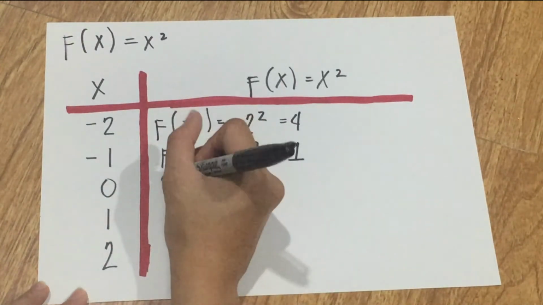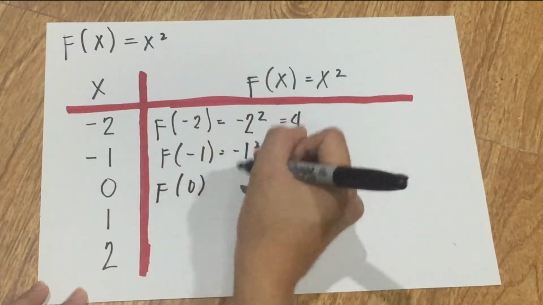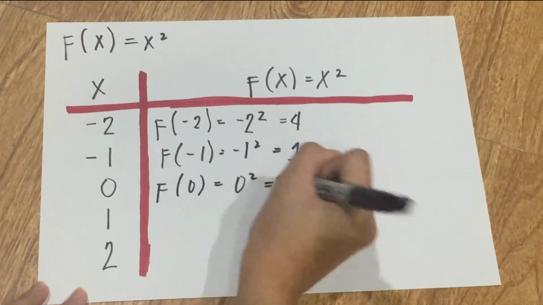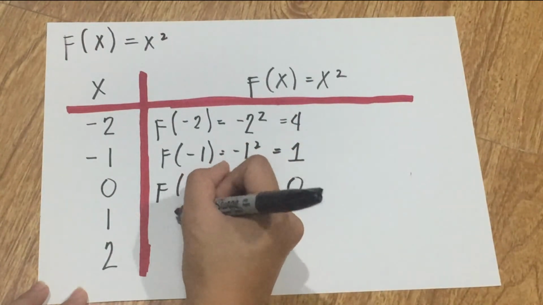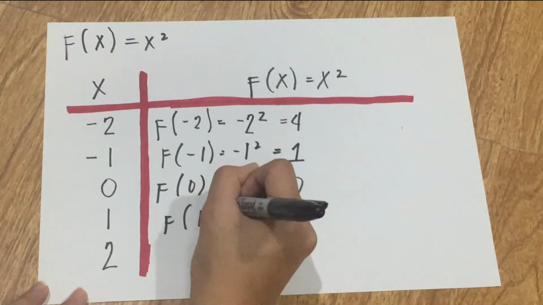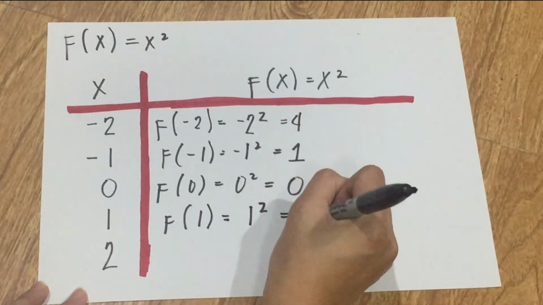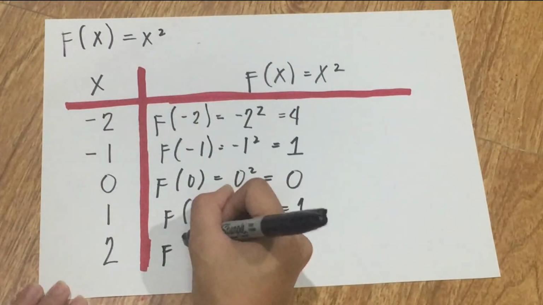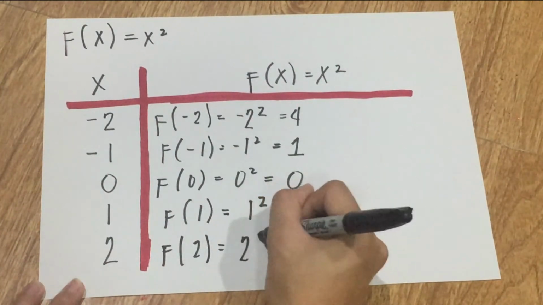For the function of 0, 0 squared, so it will be 0. So f evaluated at positive 1, 1 squared is 1. So for the f of 2, 2 squared is 4.